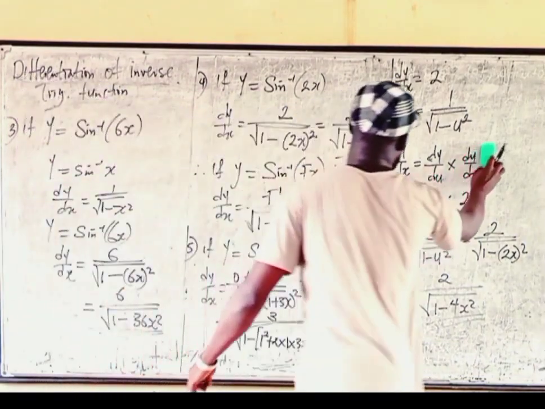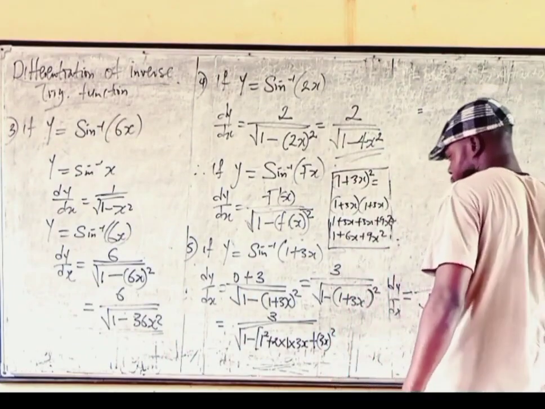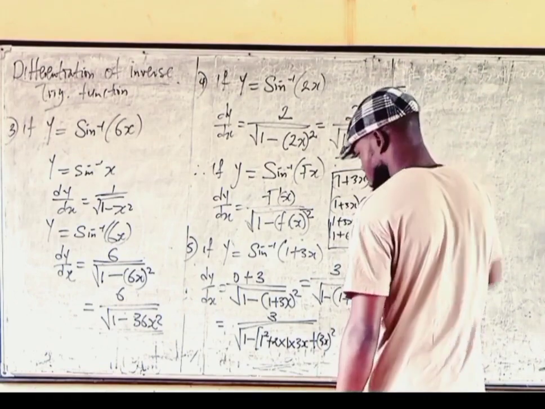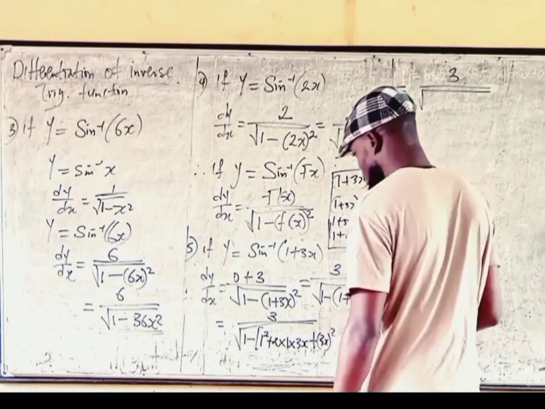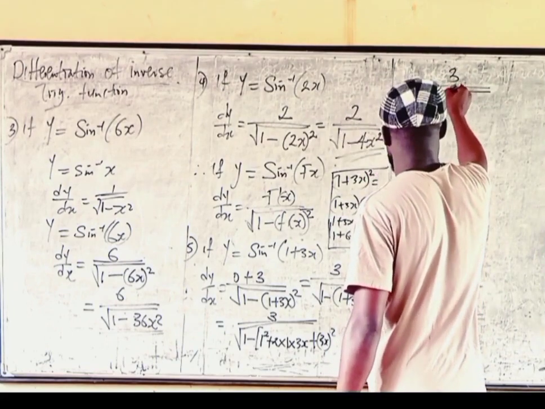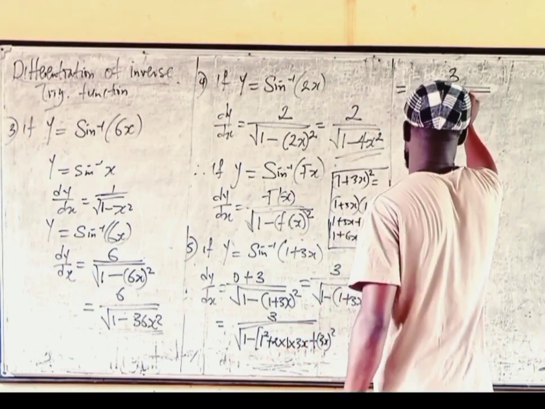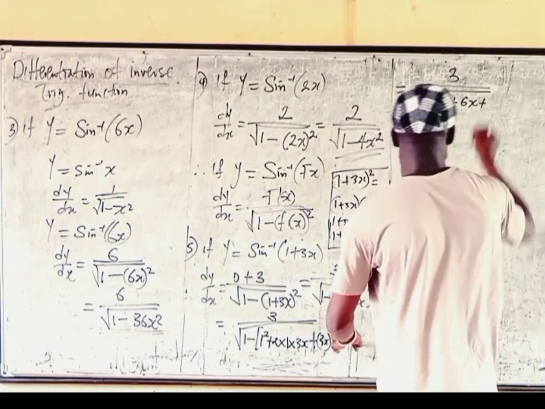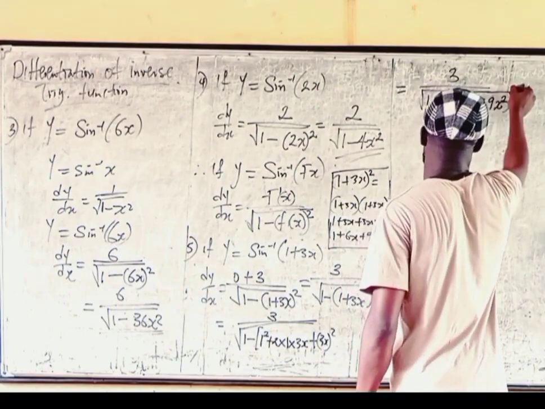So that the final answer will be equal to 3 over the square root of 1 minus 1, 2 times 3, that is 6x, plus 3 squared will be 9, and x squared will be x squared.